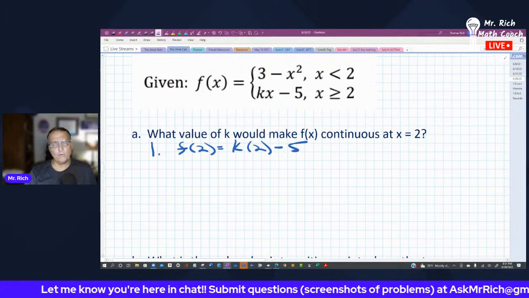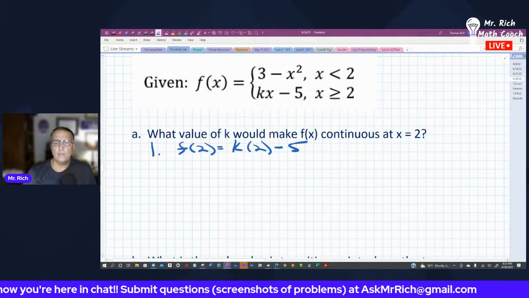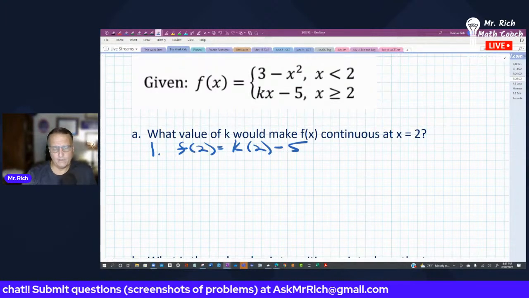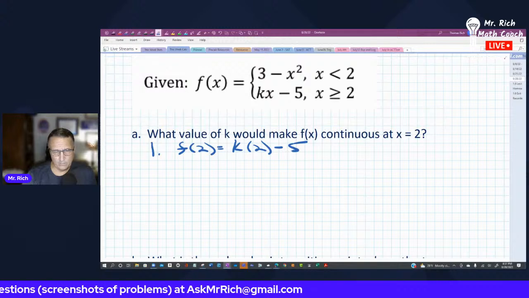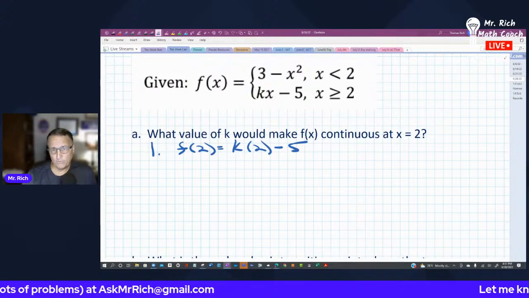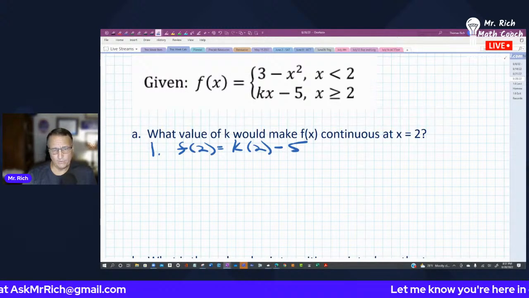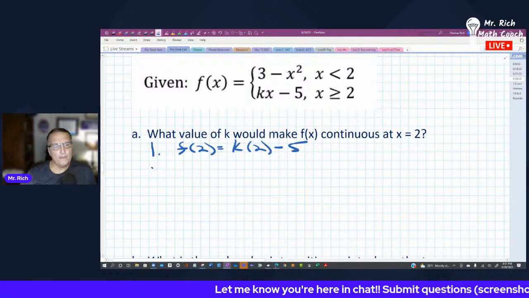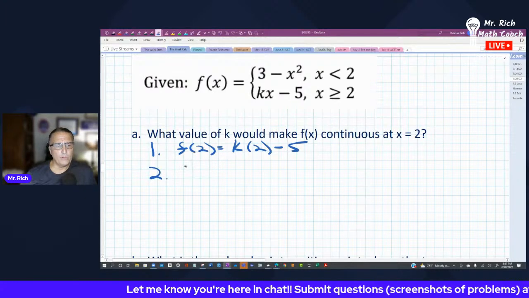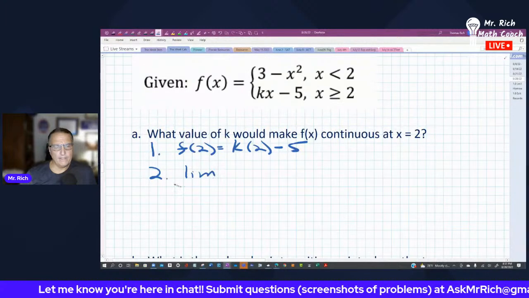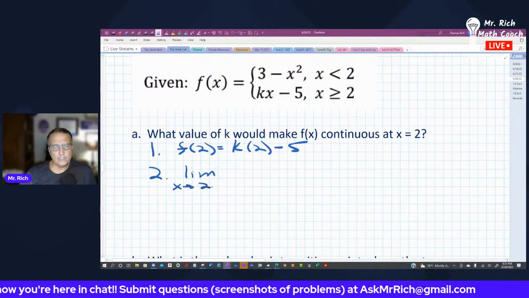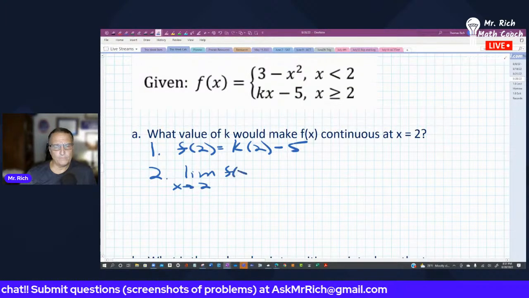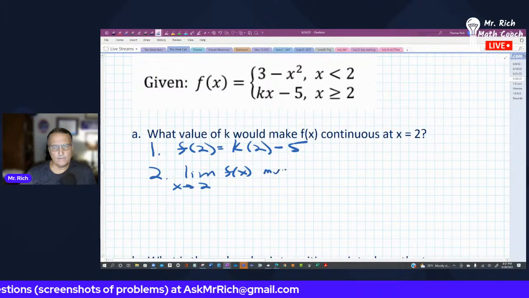So we don't know what k is, but still, if I were checking this for continuity, there would have to be a value for f of 2 equal to k times 2 minus 5. Now, the second thing is that the limit as x approaches 2 must exist.